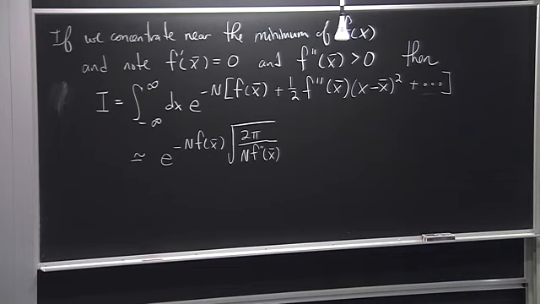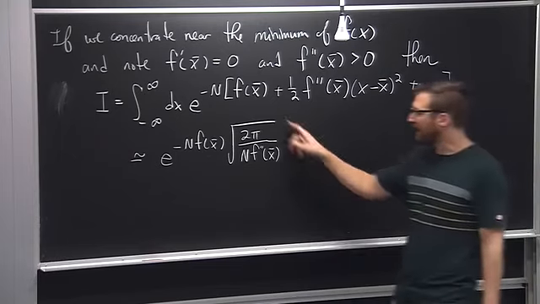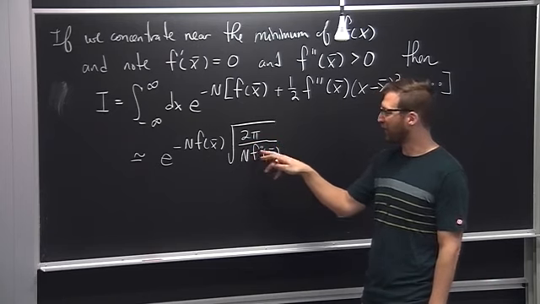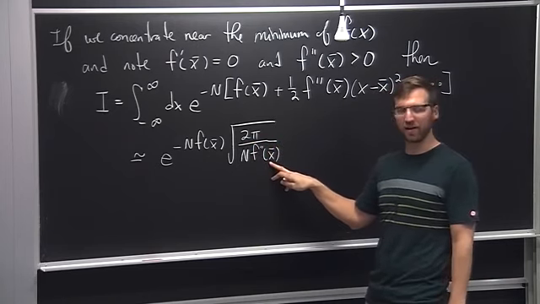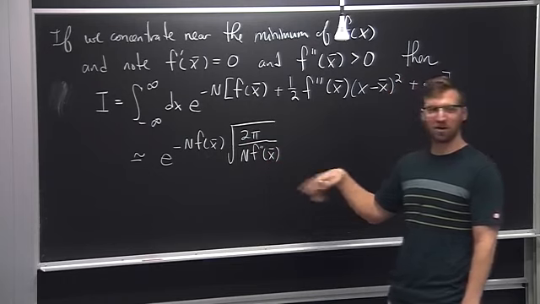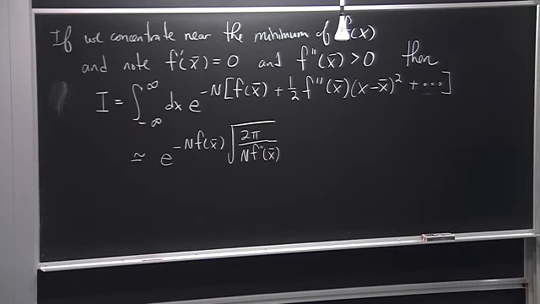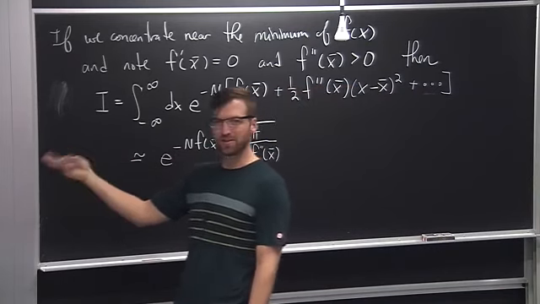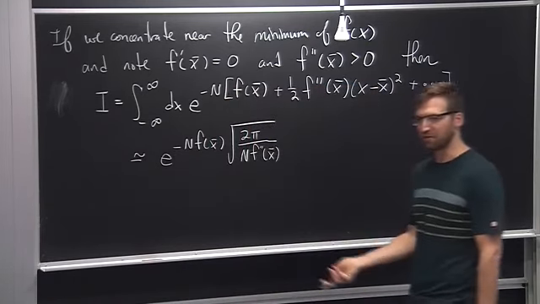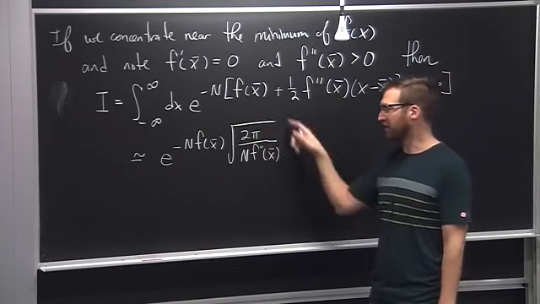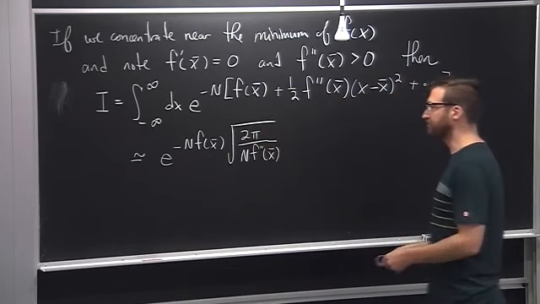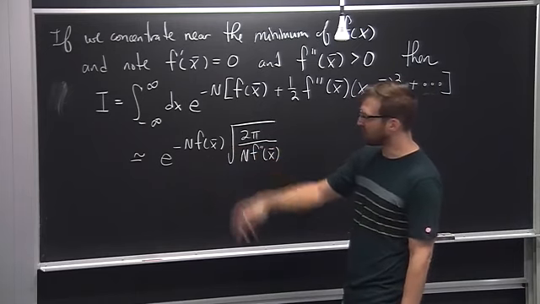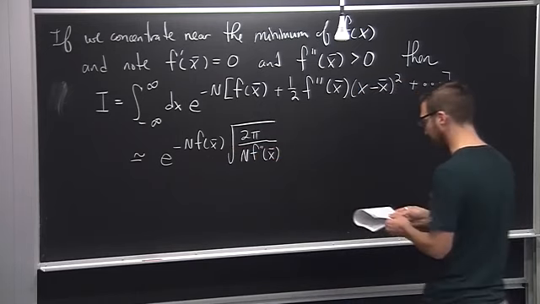And quite generally, this prefactor, which is 2 pi over n times f double prime evaluated at x bar, is just some constant. So if I'm interpreting this integral eventually as some sort of partition function, something that gives me, say, a free energy, then this isn't going to be the thing that matters. There'll just be some constant prefactor out front. This will give you the bulk of the interesting behavior.